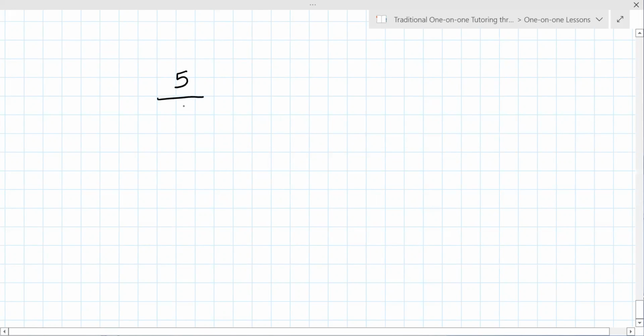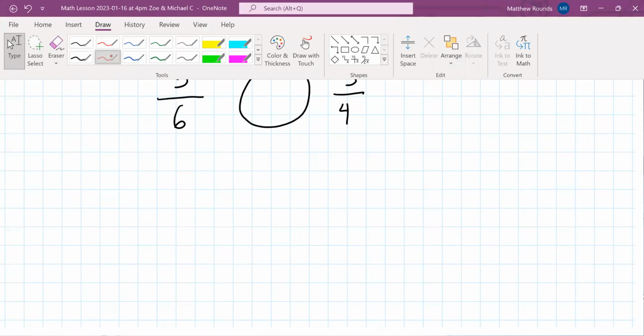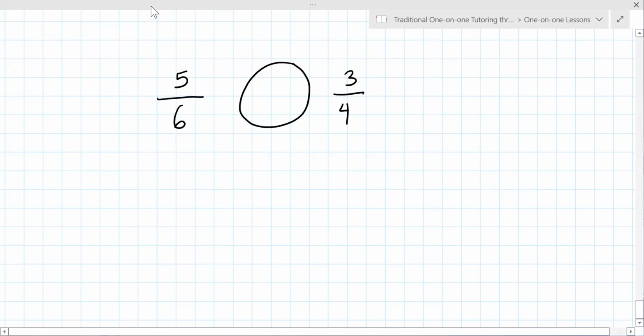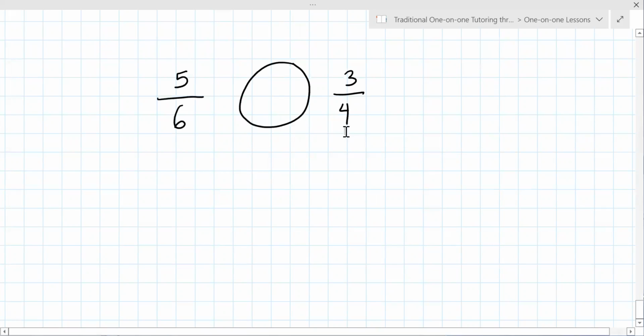Okay, let's say it's 5/6 and 3/4. What number is in the lower right? 4.